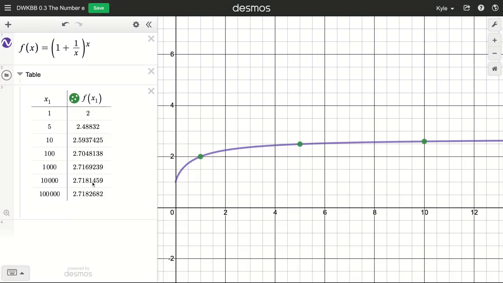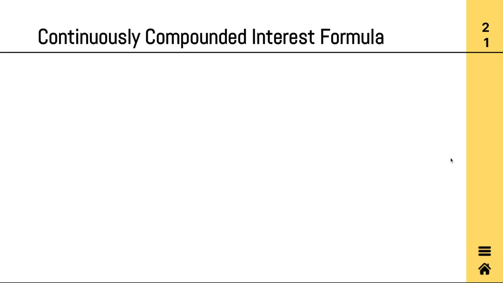And so when I say e, I'm referring to this number, 2.718. So let's head back over to our slideshow, change the focus back over here, and get our pen, and put that down there. That e is approximately 2.718. There it is.